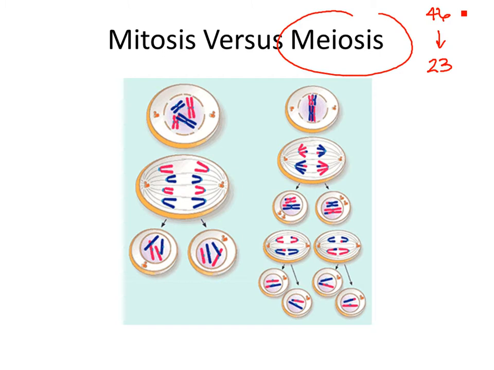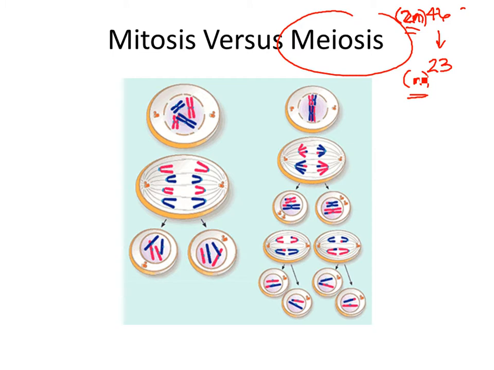That also means that, if I can draw it in here, instead of having 2 copies of each chromosome, they're only going to have 1 copy of each chromosome, and that is sometimes designated as 2N versus N. The 2 is referring to the number of copies of each chromosome, and N is referring to the number of chromosomes itself.